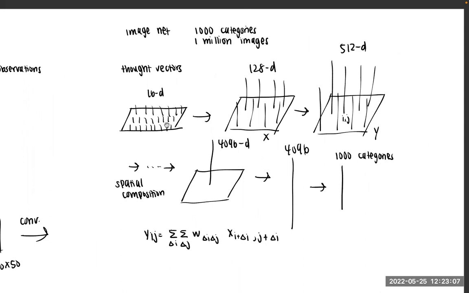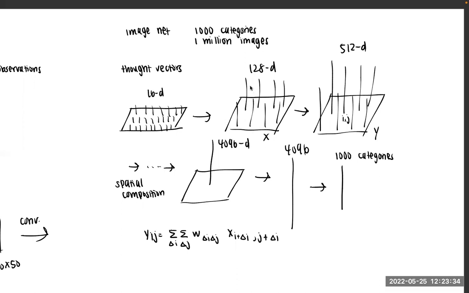Okay, because of the spatial composition, you see bigger patterns and more complex patterns. That's why you use higher dimensional vectors to represent the patterns. And then you keep going, you get higher and higher dimensional vectors. But along the way, the nearby vectors basically see very similar things.